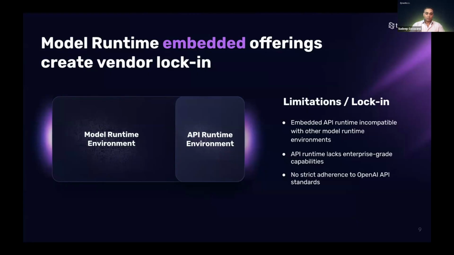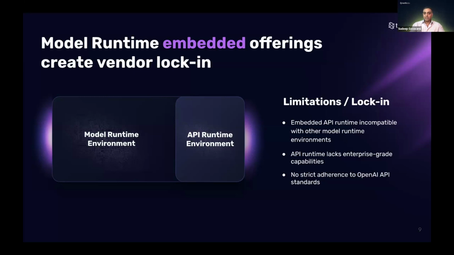So if you have a certain model runtime environment where you're exposing certain models as APIs, that is only going to work with that model runtime environment and with that vendor. It will not be compatible with other vendors. Second, when the API runtime environment is embedded into the model runtime environment, it lacks a lot of enterprise-grade capabilities.